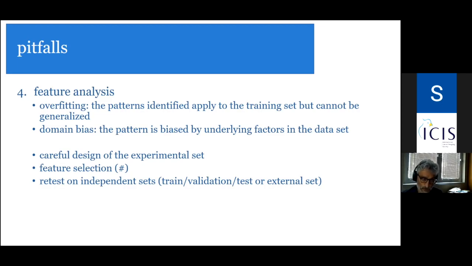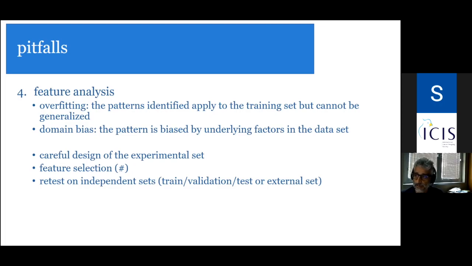And the second problem is with domain bias, which is a sort of bias that comes from the selection of your data set. And there is an interesting example, and I think a clear example I found in the literature.